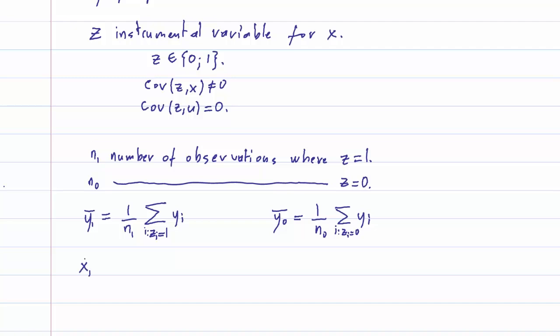Similarly for x, we have x1 bar, which is the average x in the treatment group, and x0 bar, the average x for the control group.